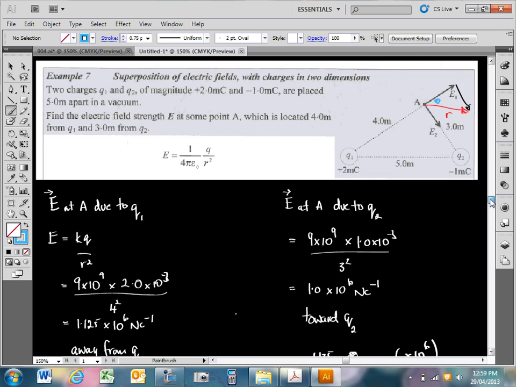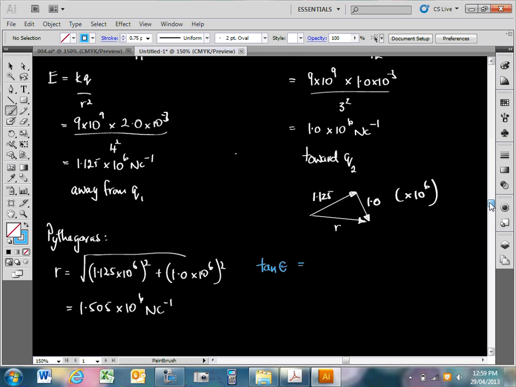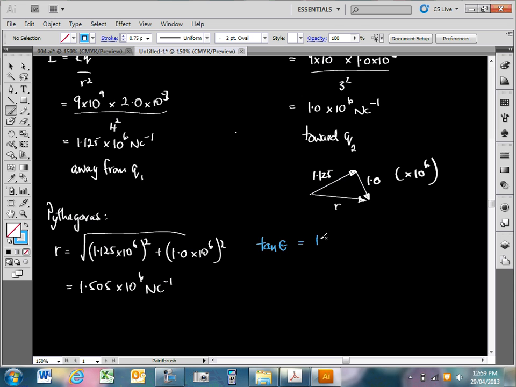That's the 1 by 10 to the 6, isn't it? Opposite. Yeah. I'll just skip straight ahead and say theta is equal to 41.6 degrees, so the book says.